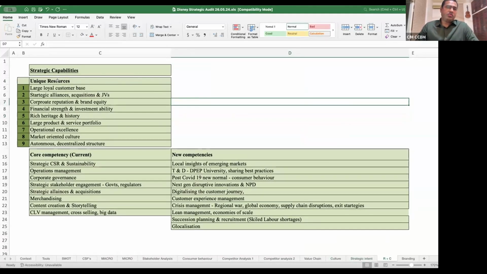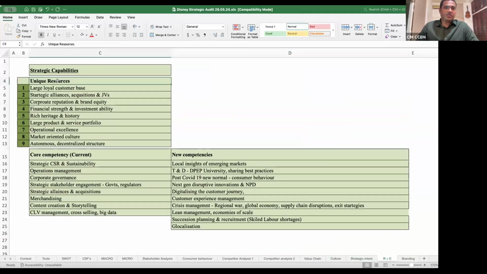So in terms of the current strategic capabilities, you have the current unique resources. I saw the loyal customer base as a unique resource. Some of these are also advantages because it's internal. Strategic alliances, acquisitions and joint ventures is a unique resource that you have.